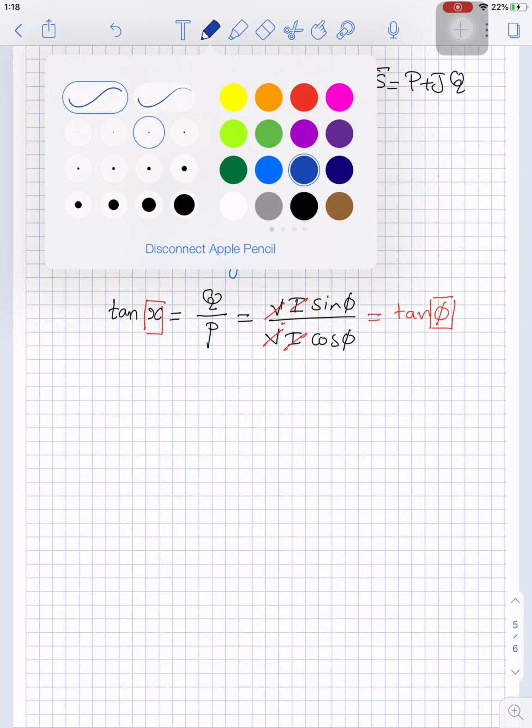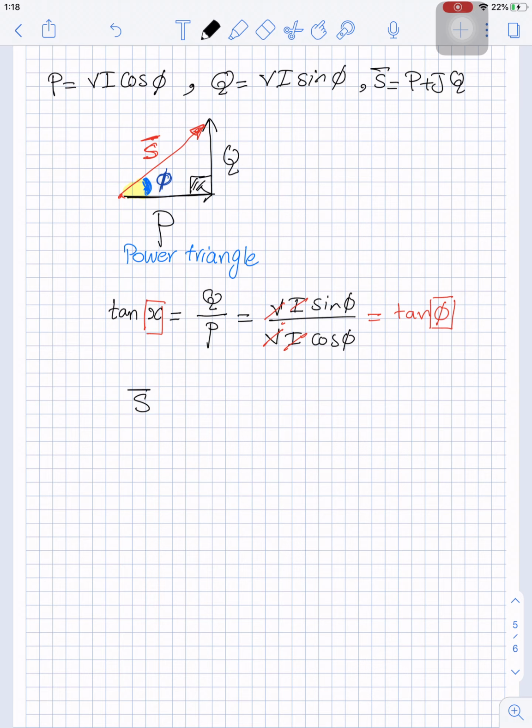So we can write that S vector equals a magnitude, which we will name magnitude S, and an angle phi. The magnitude of S, the length of the S vector, we name the apparent power.